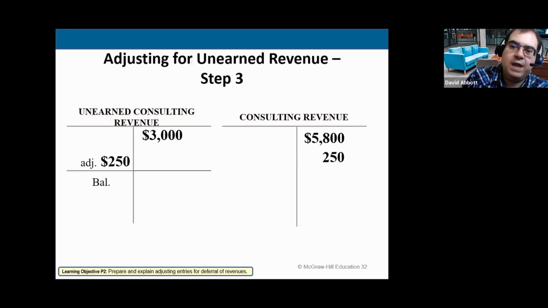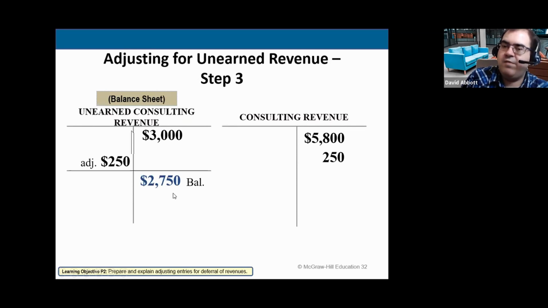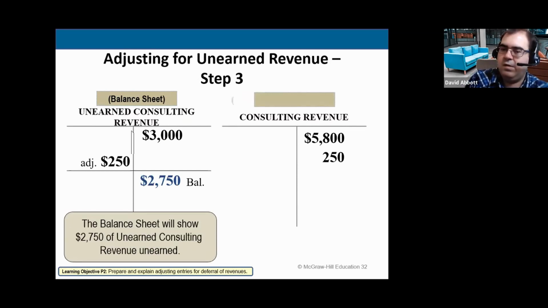So let's look at that. We see here that we had unearned consulting revenue of a credit of 3,000. We've now earned 250 of it. So then that leaves a 2,750 balance of revenue that we've not earned yet. And so that's on the balance sheet because that's a liability to us.